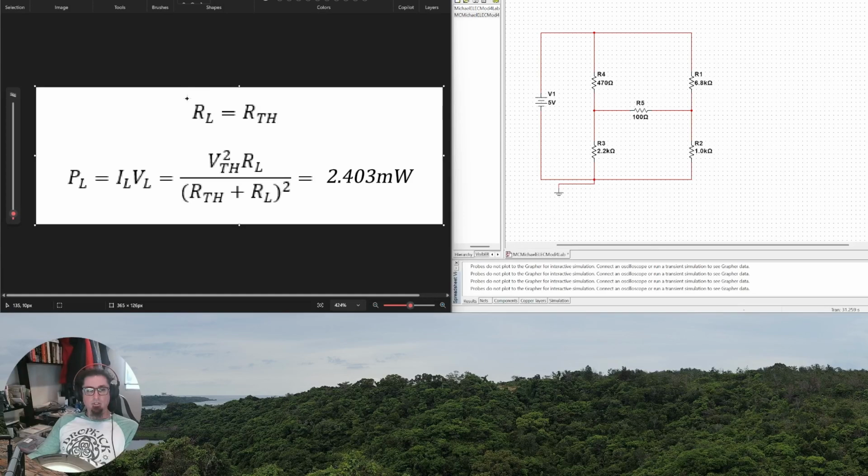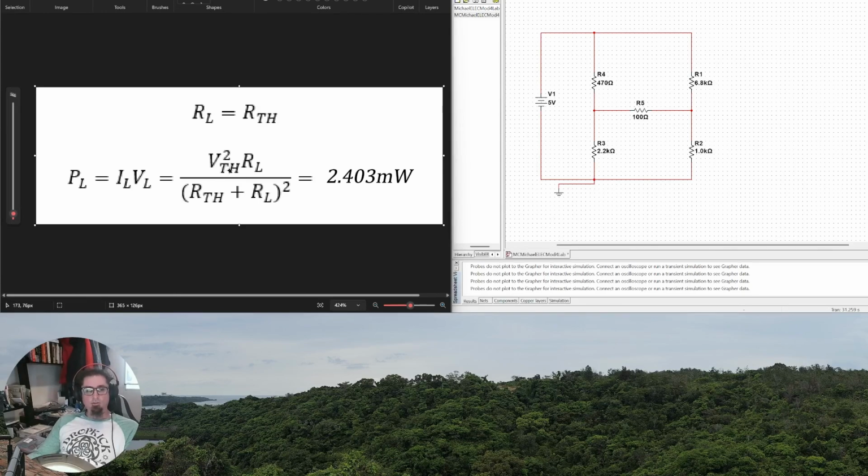So we can take that, and this is in your textbook, power is equal to voltage times current, and we can then take that further to find our load current and our load voltage by going into this equation right here, also in your textbook.